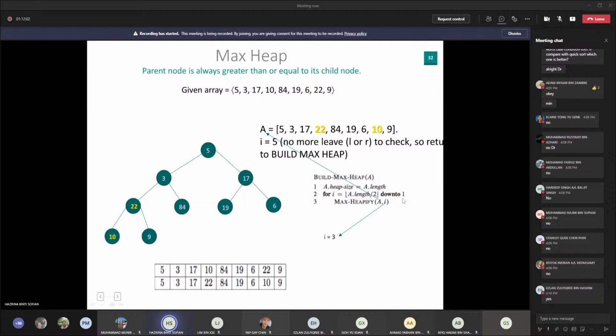Then I will minus 1. Just now I was 4, right? So when they call itself, this A is here, and I equals 4. Then they repeat.